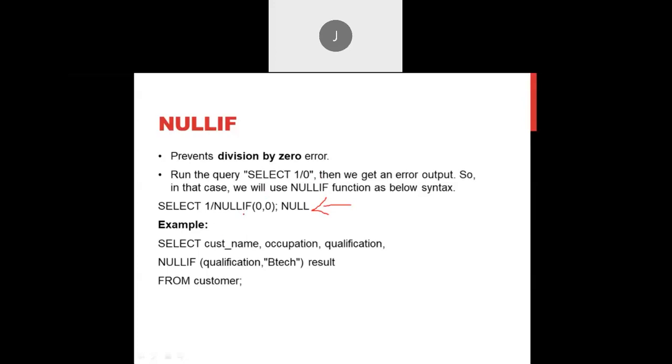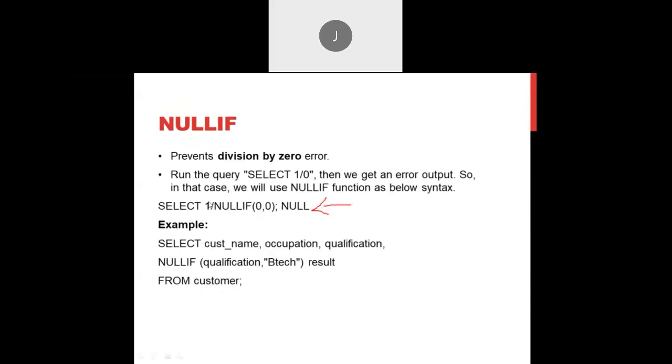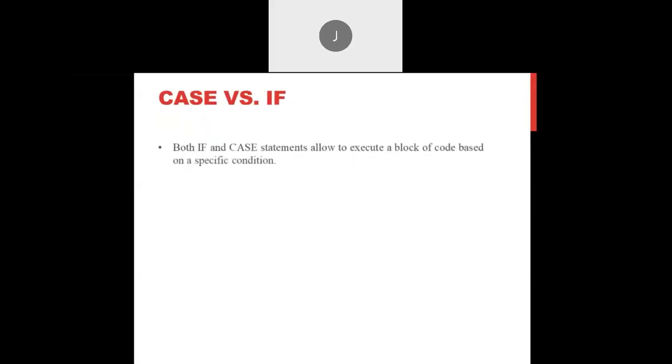In that case you can check: if both are 0, meaning both expressions are equal, it will give the value as null, so it becomes 1 by null. That is not meaningful, but it will not throw any error, rather than getting into a situation of dividing 1 by 0. Okay, you can use this NULLIF. I will show the examples of this.